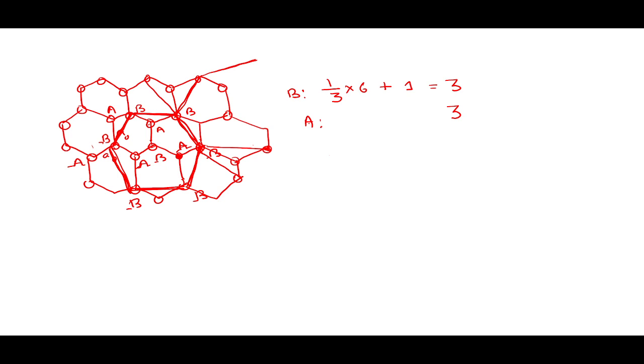Number of nearest neighbors is 3, that's correct. In 2 dimensions, there would be close packing if the number of nearest neighbors were 6, but here it is 3, so packing will be loose. Second nearest neighbor is 6. Area of 6 into 1 by 3 root 3 by 4.